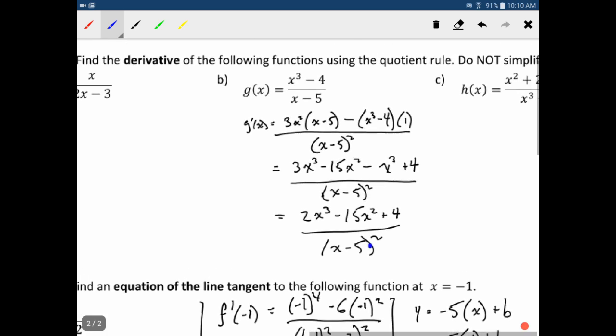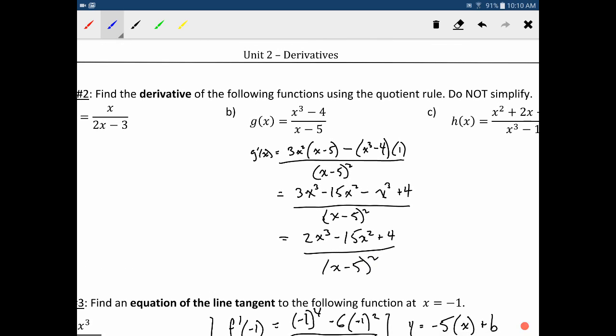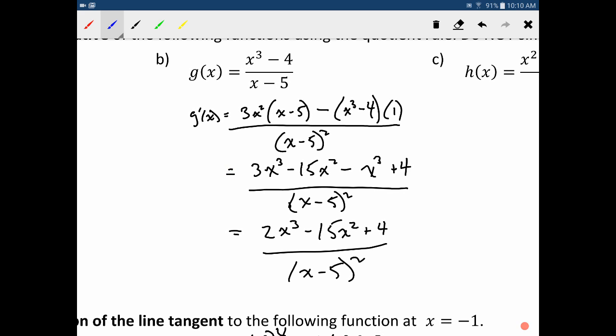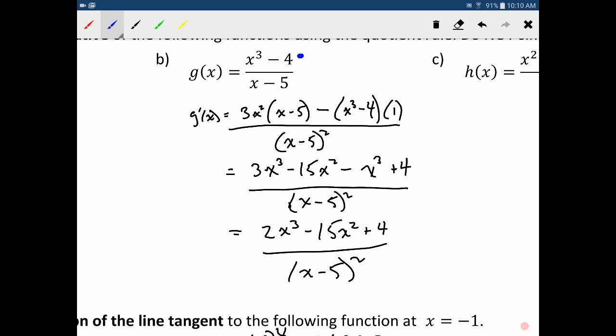So I'm going to just go over the middle one here, and I'm going to let you do the other two on your own, because there's quite a bit here. Okay, so again, we've got the top, we've got the bottom. So we take the derivative of the top, and we multiply it by the bottom.